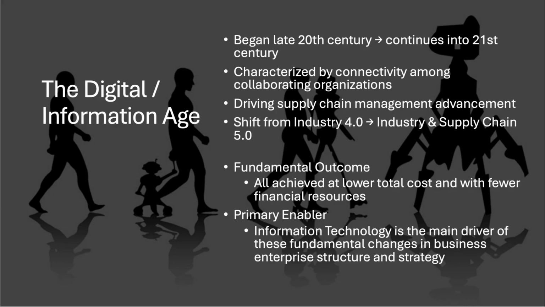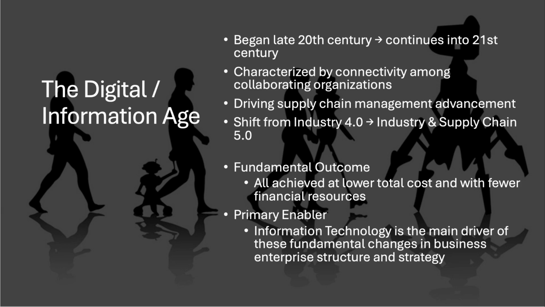Industry 4.0 generally emphasizes automation, data, connectivity, cyber-physical systems, and smart manufacturing. Supply Chain 5.0 adds a broader emphasis on human-centered systems, resilience, sustainability, and collaboration between people and intelligent technologies.